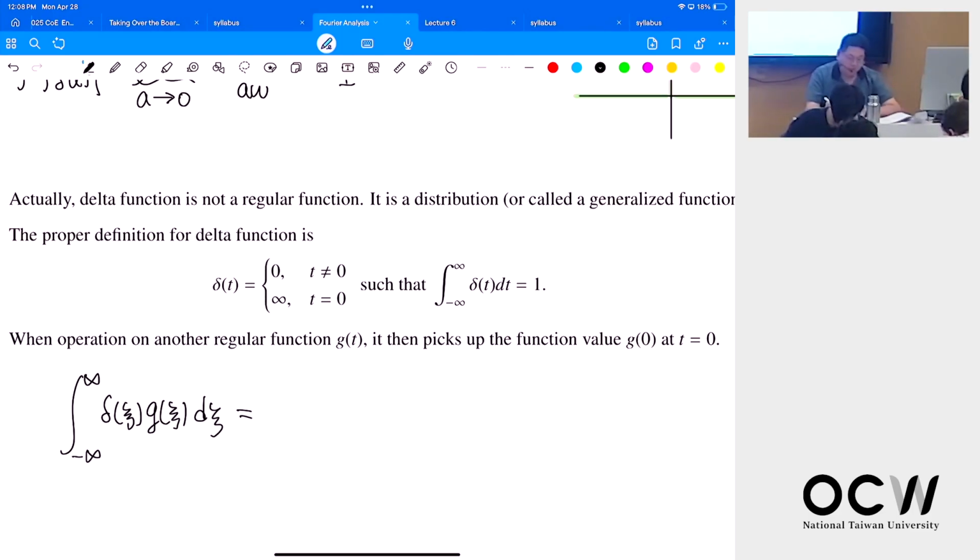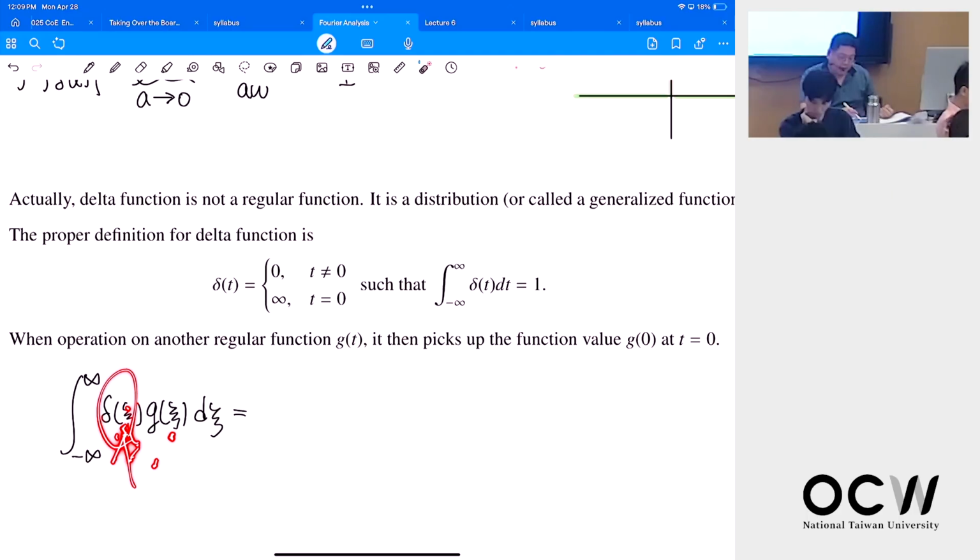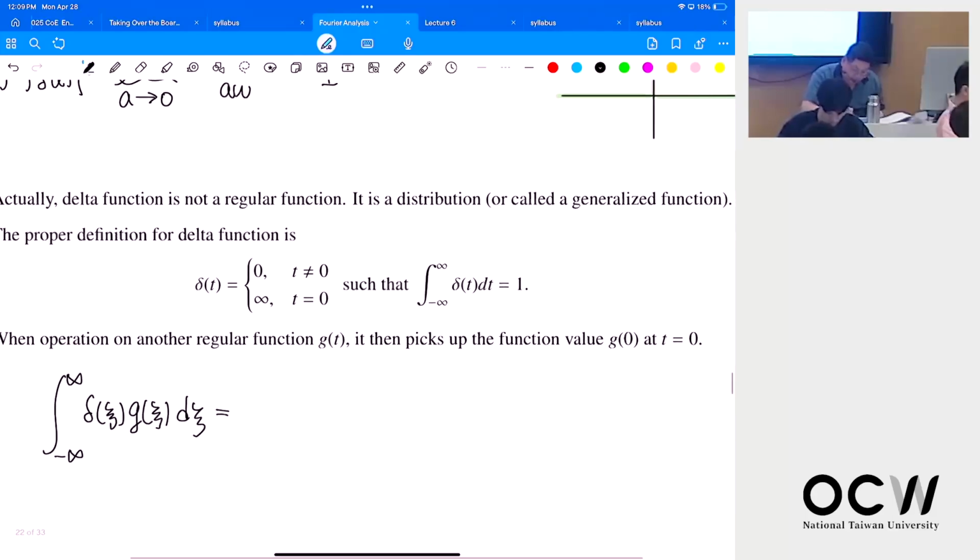What is the answer here? If t is not equal to 0, it is all 0. Whatever 0 times something is still 0. When t is 0, then I have a value. But when I take the integration, that's 1. So here, I will get g of 0.